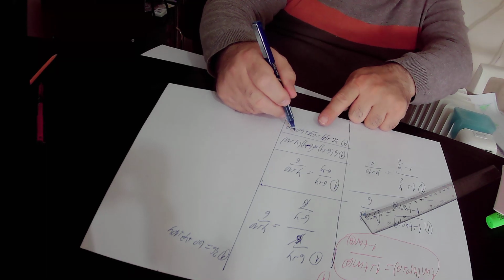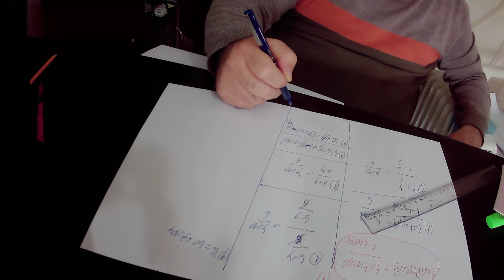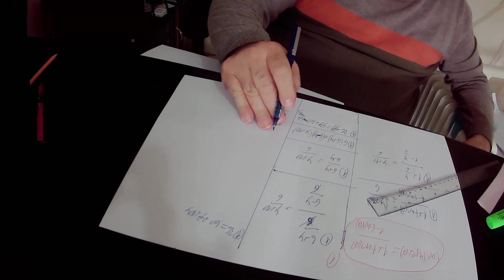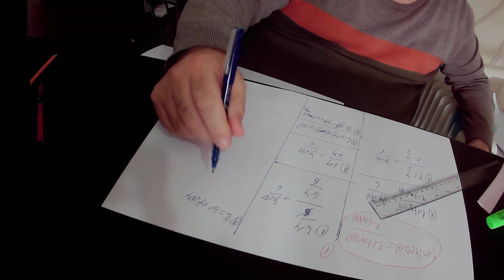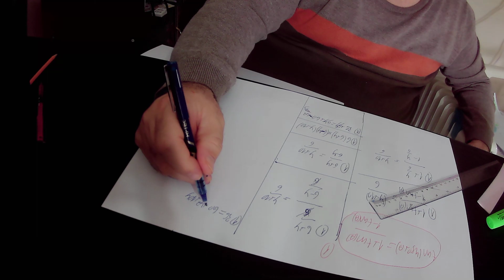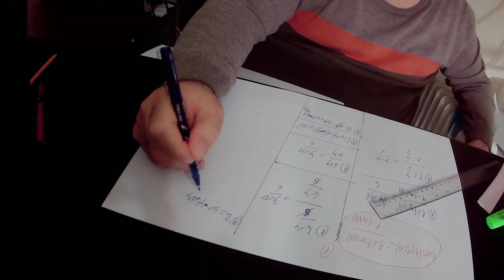Minus y times y is minus y squared. Minus 10y. So here we got that 36 equals 60 minus y squared minus 10y.